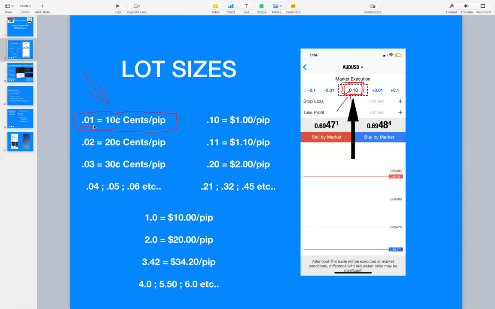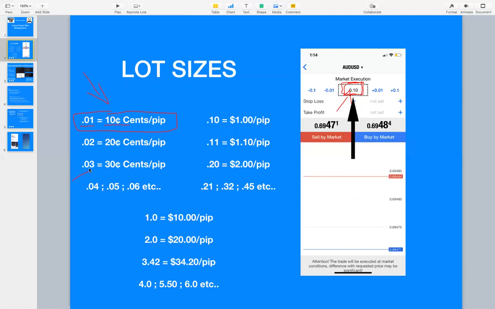Now, for the majority of brokerage services that we use, Hugo's Way, KOT, FX Choice, Forex, whatever the case might be, the smallest lot size, 0.01, is equivalent to 10 cents per pip inside the market. So basically think 0.01 is 10 cents. So a 0.02 is 20 cents.